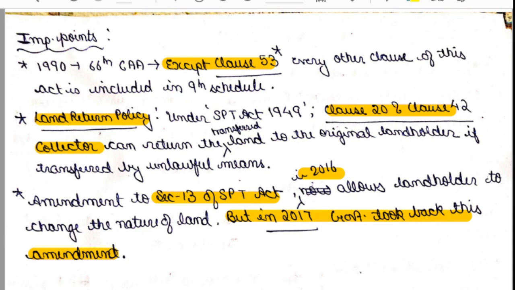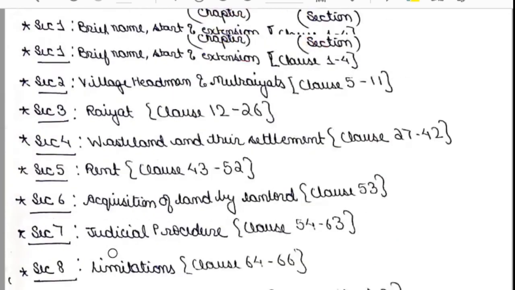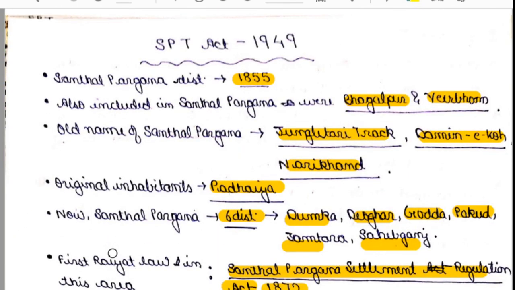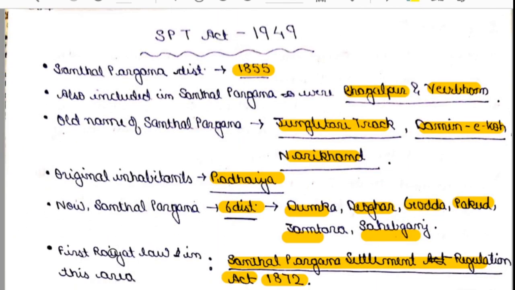So this was overall a brief introduction of the Santhal Pargana Tenancy Act of 1949. In the next lecture, we will go deep into this Tenancy Act. We will see each and every clause. There are a total of 72 clauses, and we will see all those 72 clauses.